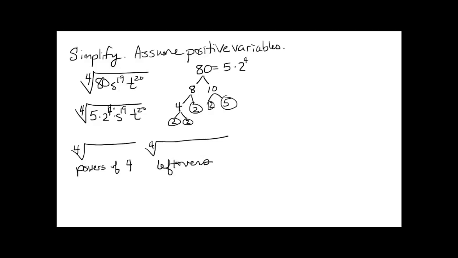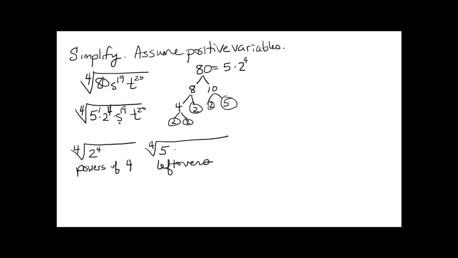As far as powers of 4 go, 5 has a power of 1. That's less than 4. There's nothing we can do with that, so that guy's going into the leftovers. 2 to the fourth is already a power of 4. That's nice. 4 is definitely divisible by 4. But s to the 19th, we need the largest number less than 19 that's divisible by 4.